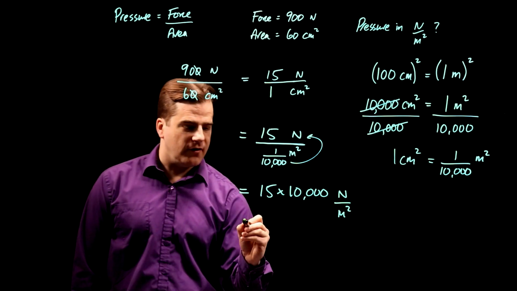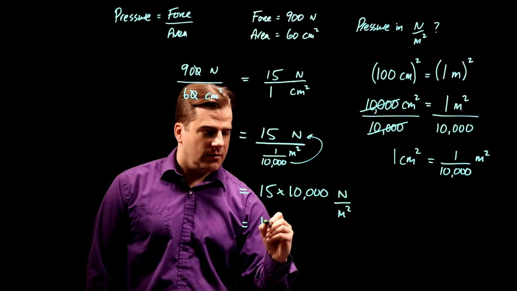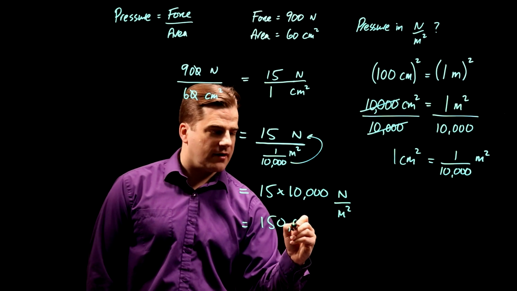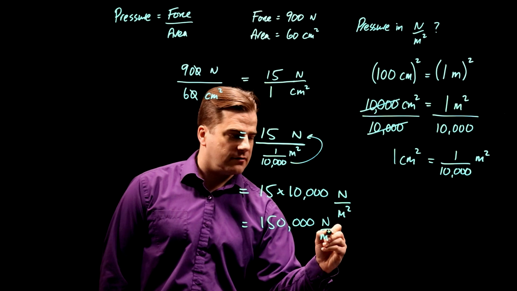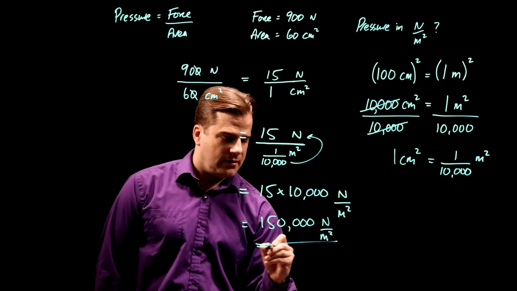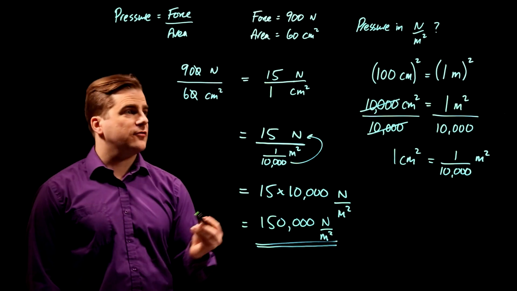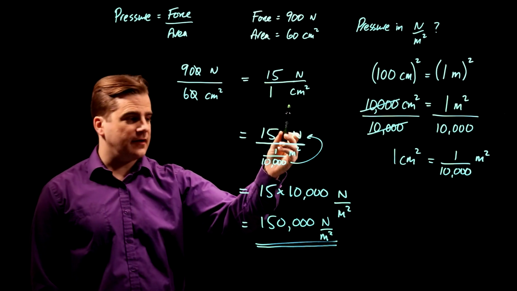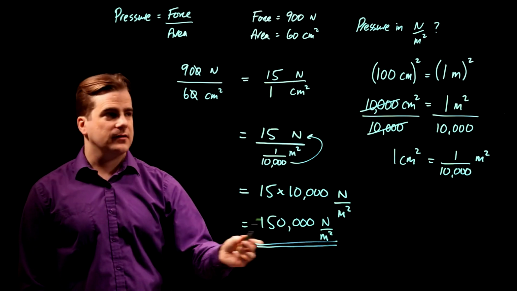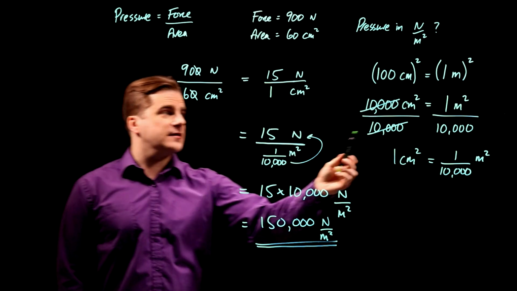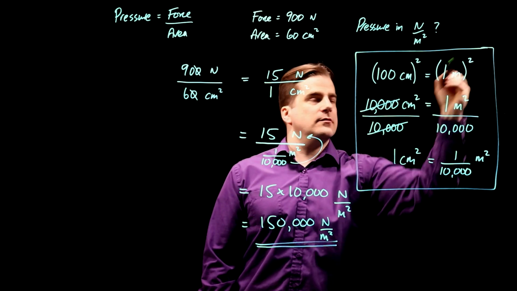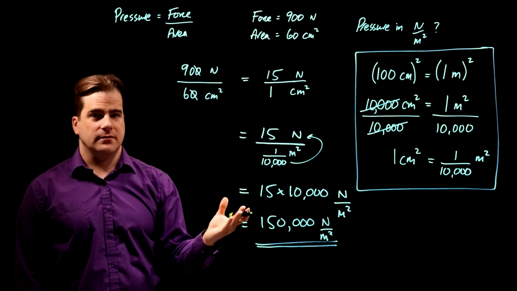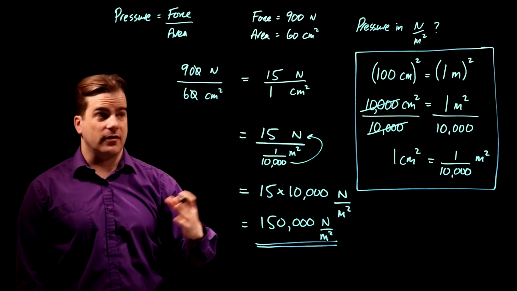Okay? So the final answer is 150,000 newtons per meter squared. And that's how you go from newtons per centimetre squared to newtons per metre squared. And this also works with just going from metre squared to centimetre squared, or the other way around.